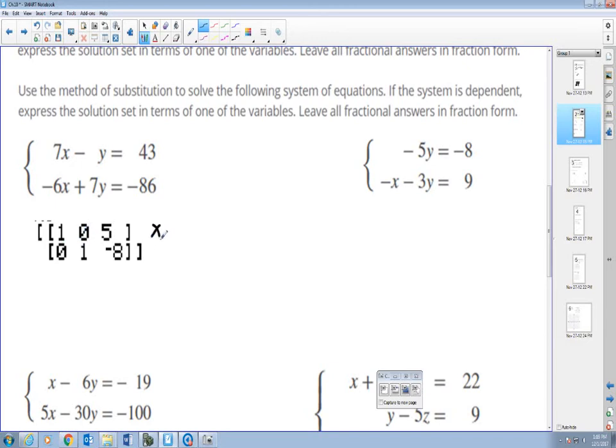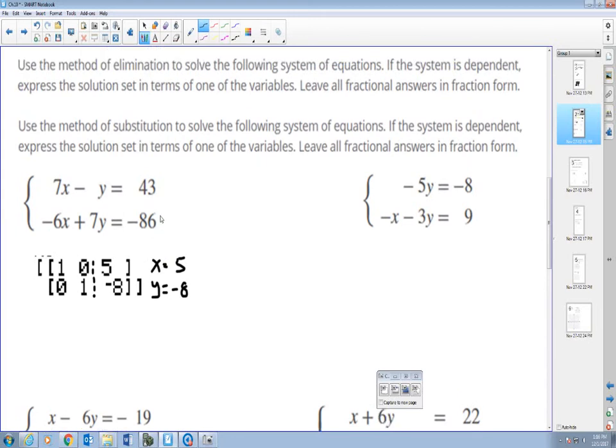So that means x equal to 5. 0x plus 1y equal to -8. Because remember now, there's a dashed line here where the third column was on the other side of the equal sign. So the second row says y is equal to -8. There you go, intersecting at one point. So my answer, okay, my system is consistent.